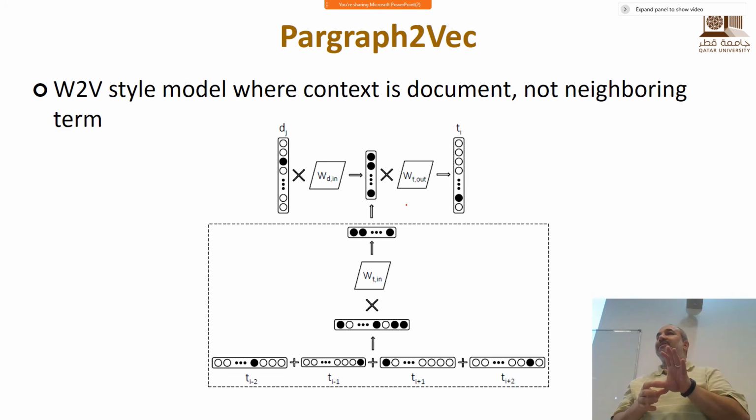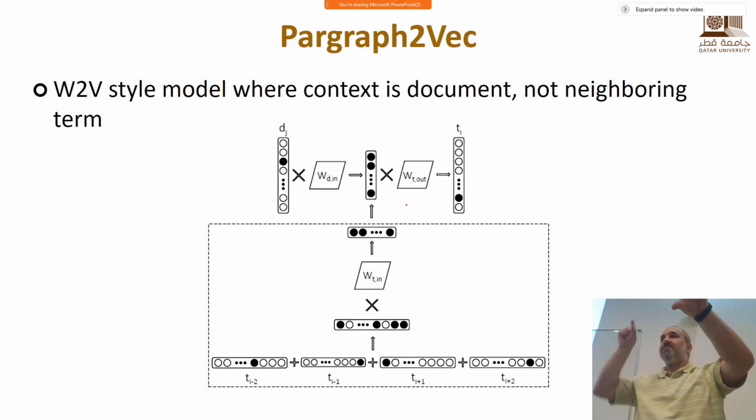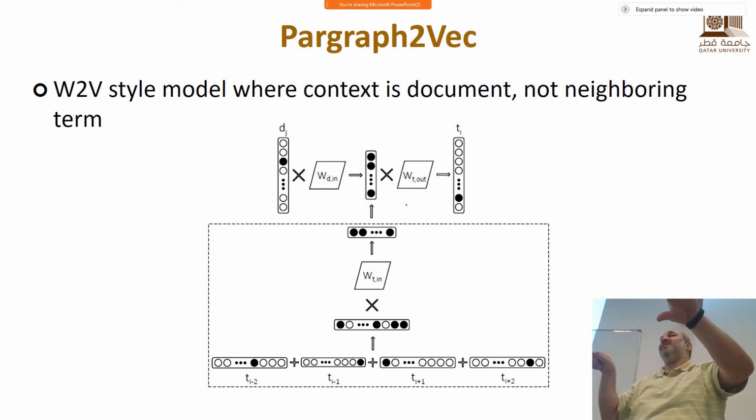We take all documents, and the training data will be as follows. Document and each of the terms as an example. Okay, so let's say that the document has 10 words. So out of this document, I will generate 10 training examples. The document and each of these terms.